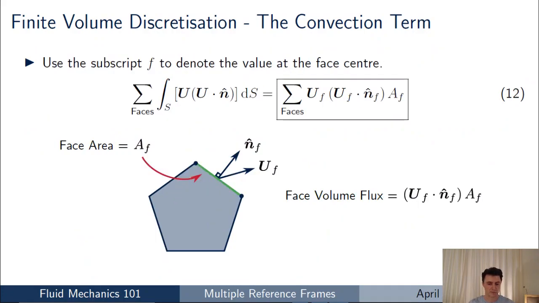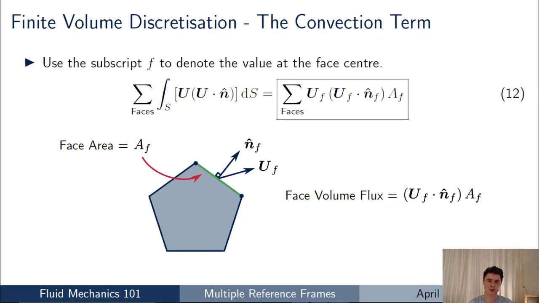That's absolutely fine. So finishing off the simplification of the convection term, we arrive at equation 12, which you can see there. We've got the finite volume integral of the convection term is equal to the flux across each of the faces of the cell of u, that's the velocity, multiplied by the volume flux across the face.